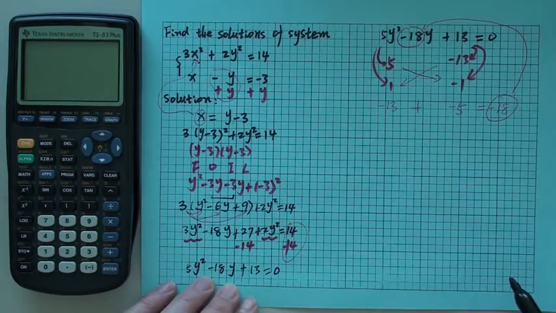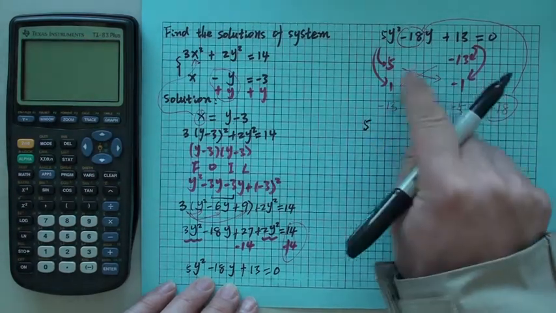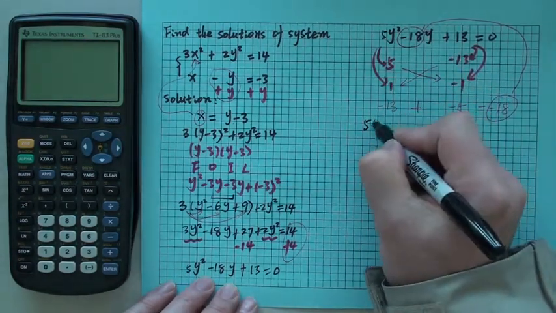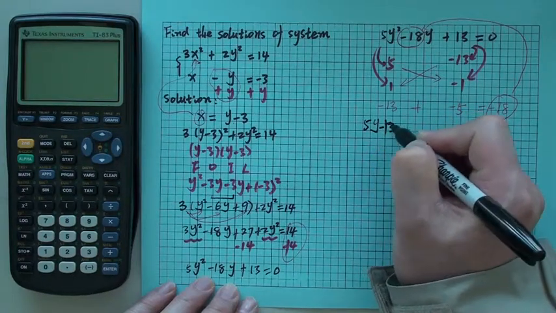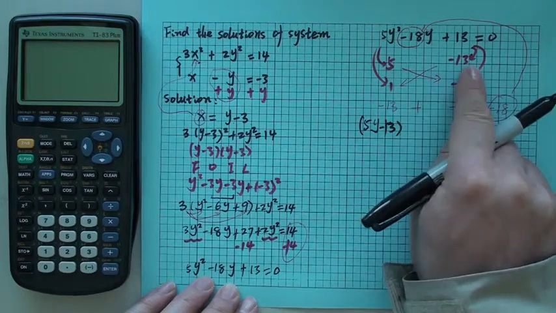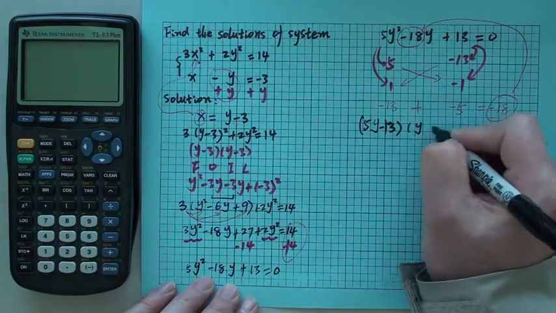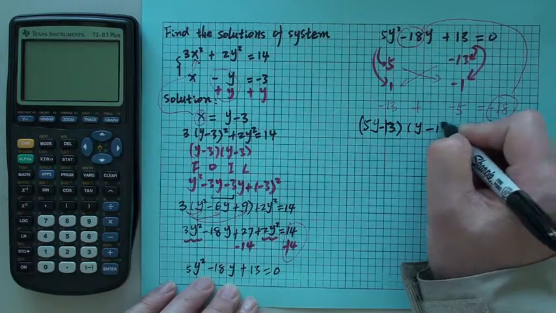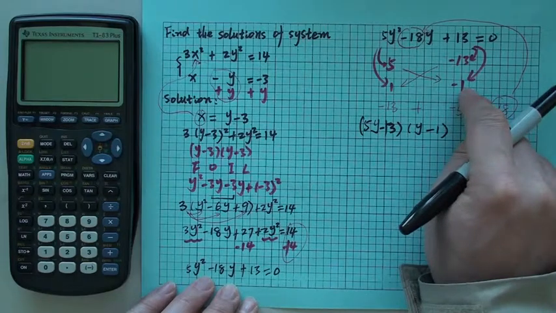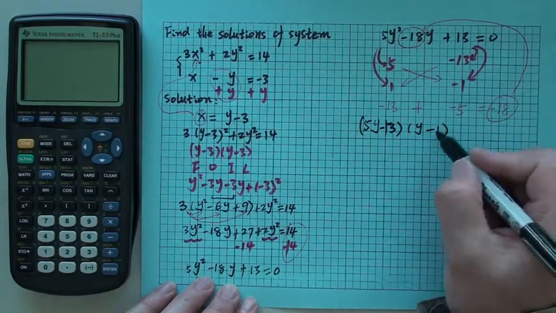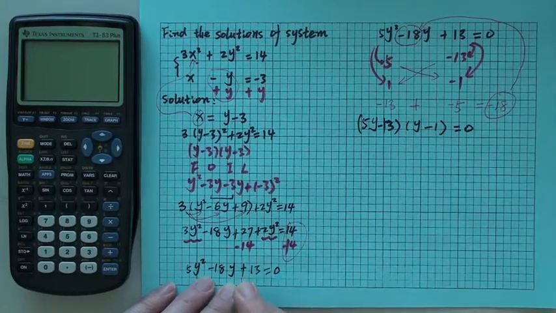Now we can write 5y minus 13, and then y minus 1, equals 0.